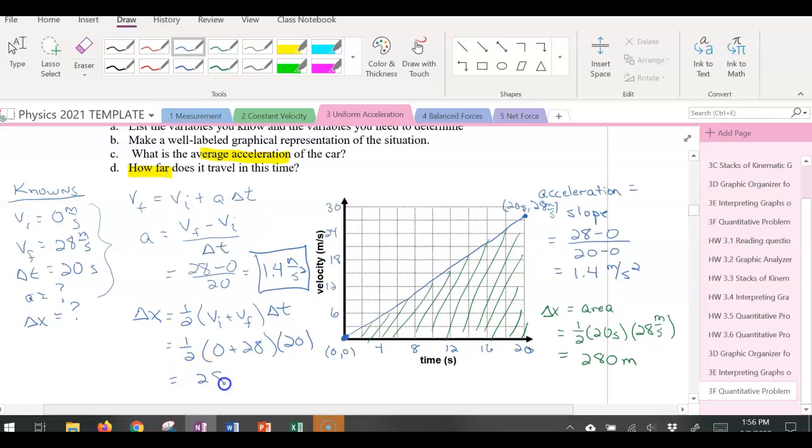And we get 280 meters. Okay. So far so good. We have solved both of these problems using both the kinematic equations and the graph, and we got the same answers.